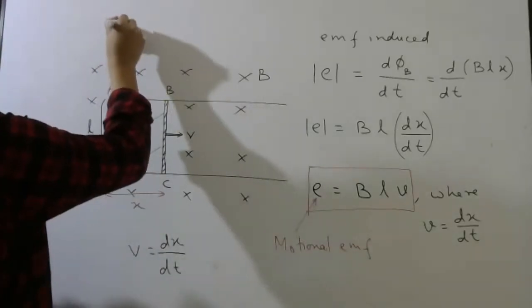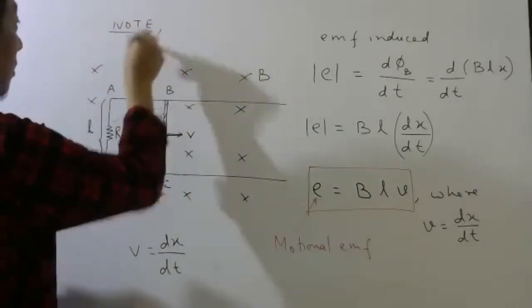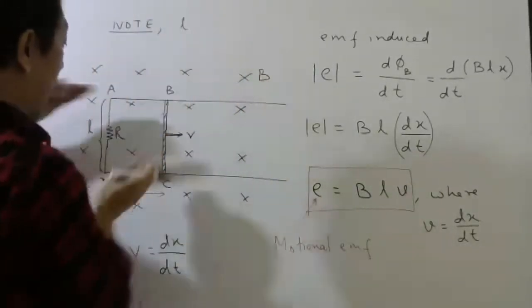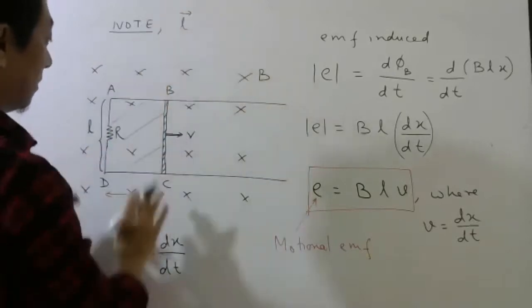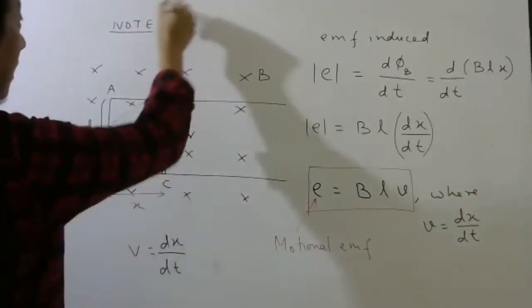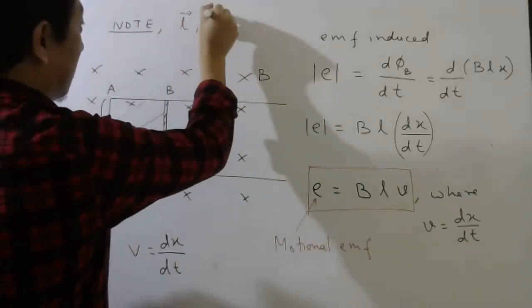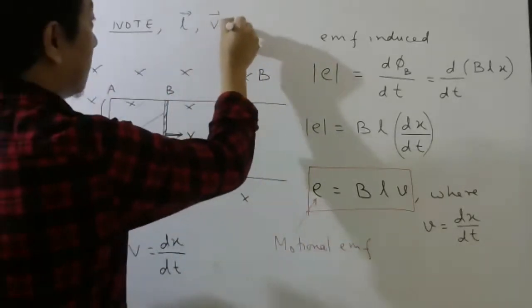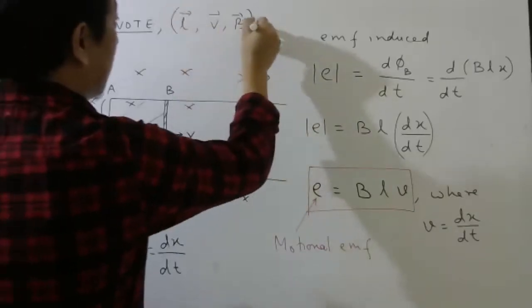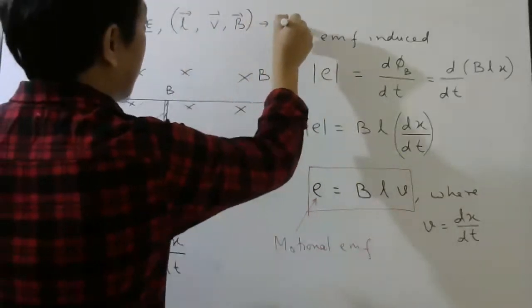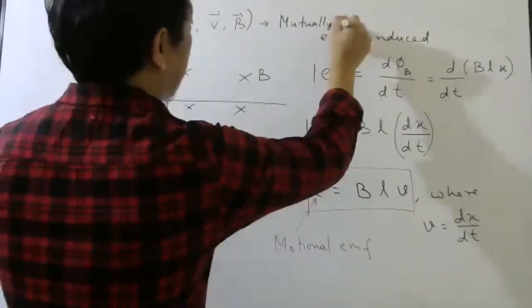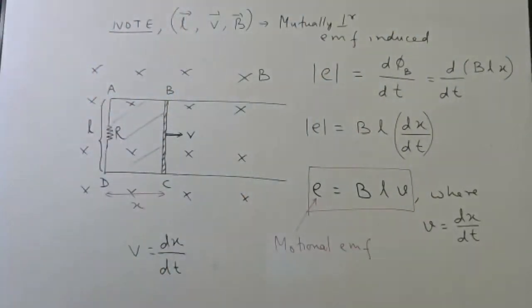Note, in order to use this formula, it is important that the length of the rod, if I call it a vector, you can take this way or that way, the length of the rod, the velocity vector, and the magnetic field vector must be mutually perpendicular.